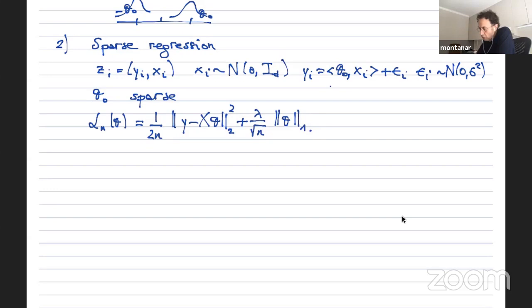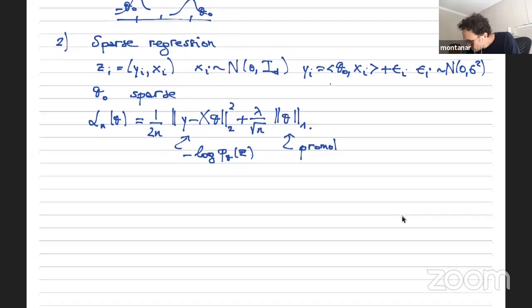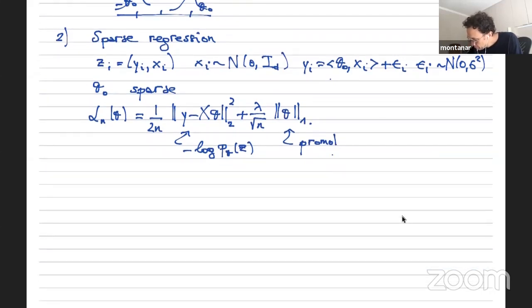The rationale for this cost function is that, if you want, this is minus log p theta of z. So this is the maximum likelihood component, and this is a regularization term that promotes theta sparse.